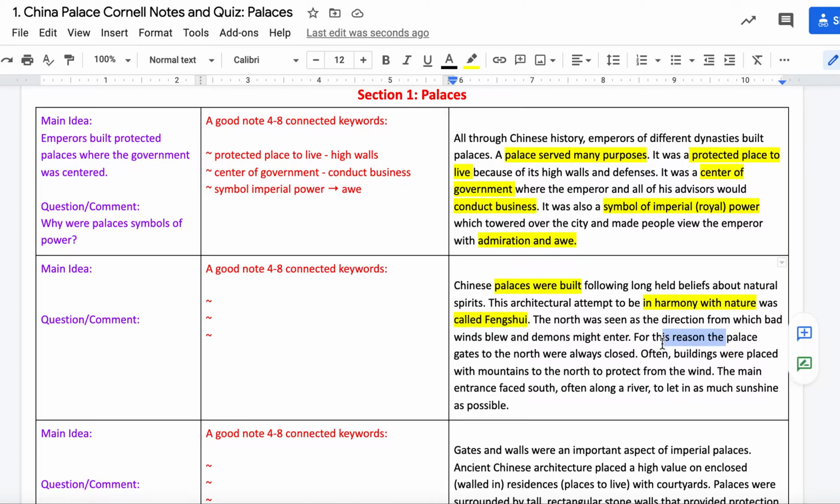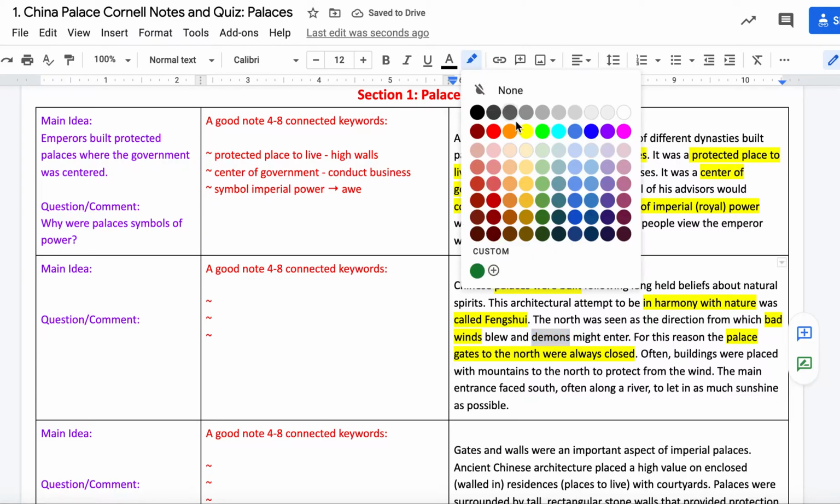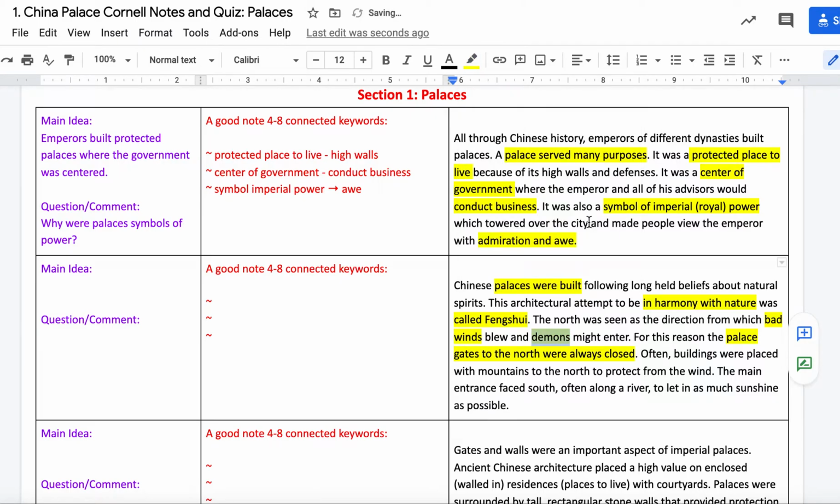We want to talk about how the palace gates to the north were always closed. All right. And that was because of the bad winds and the demons. All right. And then we also want to talk about how the main entrance faced south.